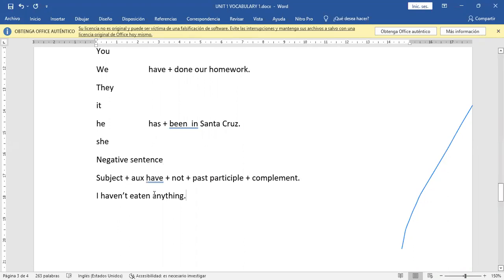I haven't eaten anything. Subject, I; have with negative, haven't; past participle, eaten. I haven't eaten anything. Negative sentence, okay?